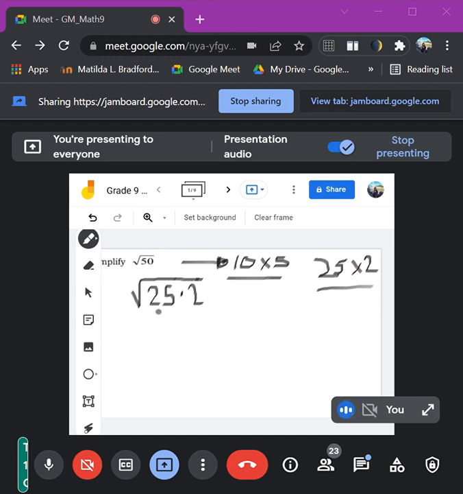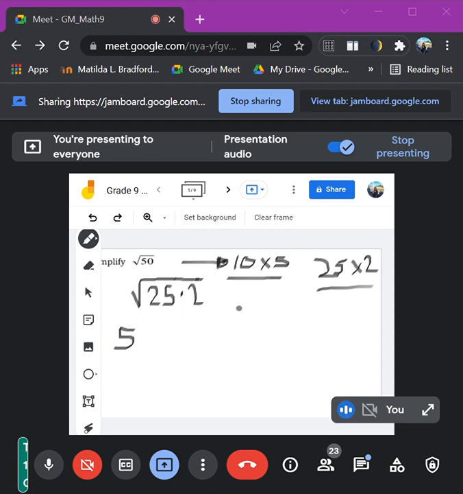So, let's solve it, class. Can we have the square root of 25? Yes, sir, 5. Okay, that is 5. The result of the square root of 25, which is 5, you place outside your radical symbol. So, what is left, class? The square root of 25 is 5. What is left? You have there 2, or the square root of 2.